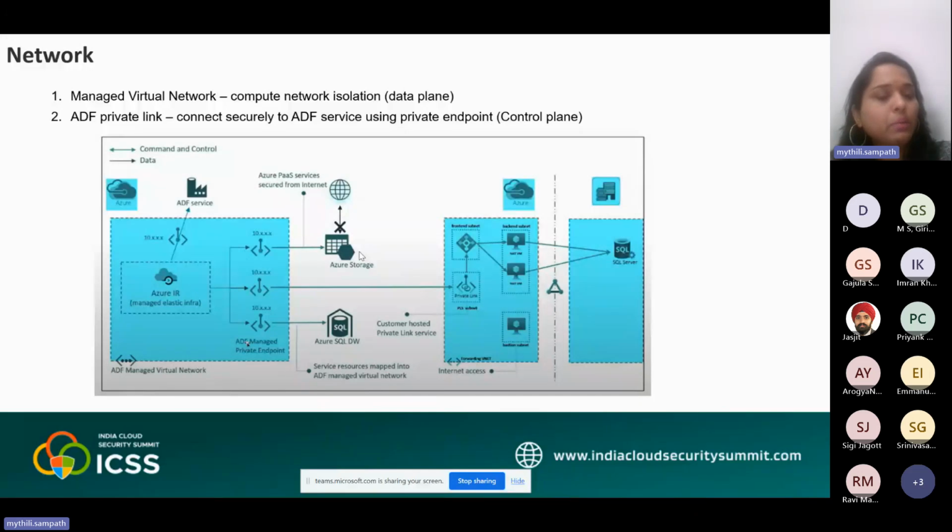From the on-prem, the private endpoint can talk to the control plane of the cloud services. That happens in the Microsoft backbone. It's not accessible through the internet. The virtual network is automatically created and demolished as soon as the transaction is over.